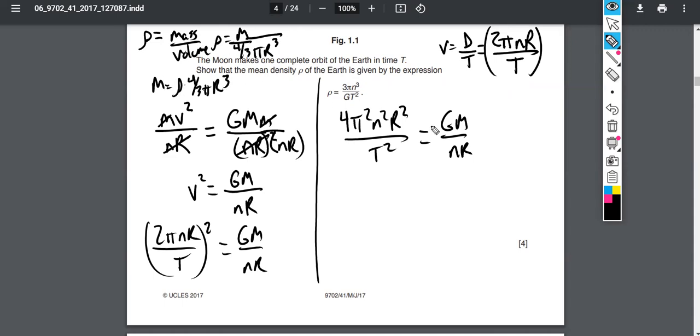So instead of writing m right here, I'm going to write what it's equal to, rho times 4/3 pi r cubed. So that was just m and g. I still have this nr down here, right? And on this side, I just got everything the same. So far, so good, right?